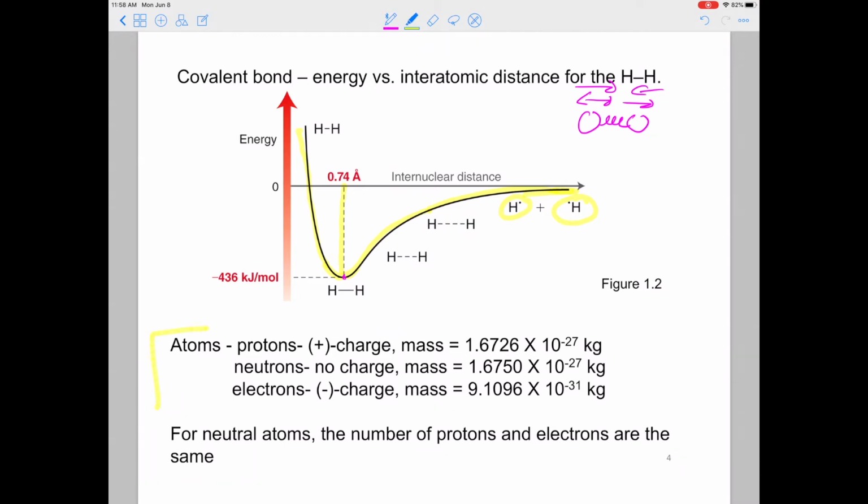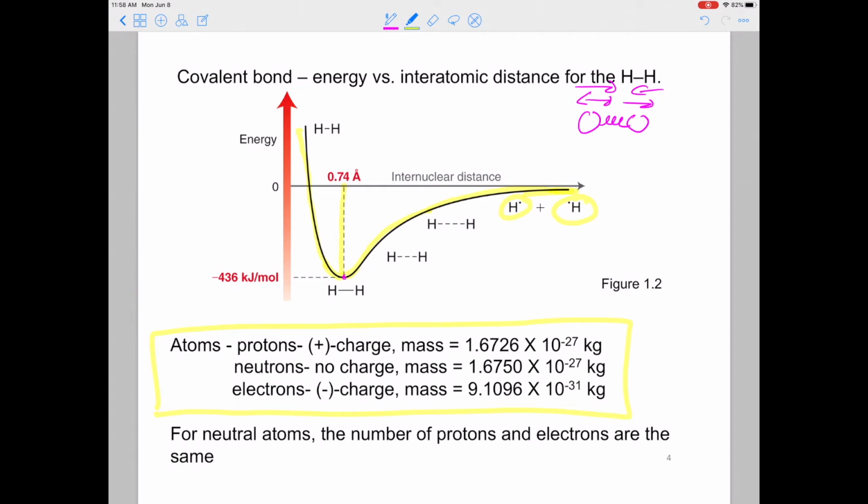In the center of the slide, we have some information about the 3 main subatomic particles of an atom. That is a proton, neutron, and an electron. I think you all already know that protons carry a positive charge, neutrons are neutral, and electrons have a negative charge.